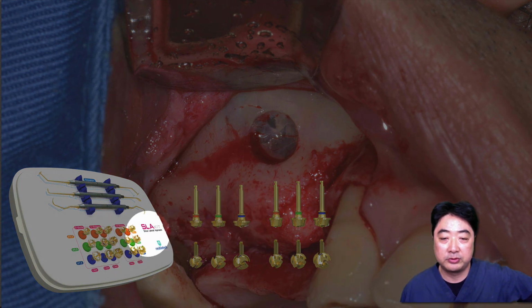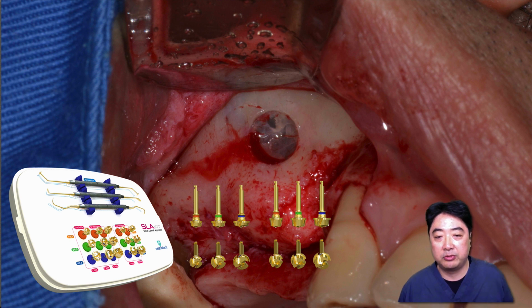Usually there are 2 types of limmer, the C limmer and the LS limmer. My favorite is the LS limmer, which most of the time leaves the bony disc when you open the window. I think I'll have a chance to explain this kit later in a different clip, but today I'm just going to move on to the next slide.